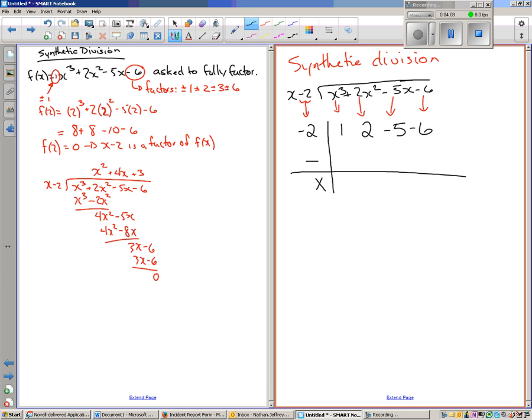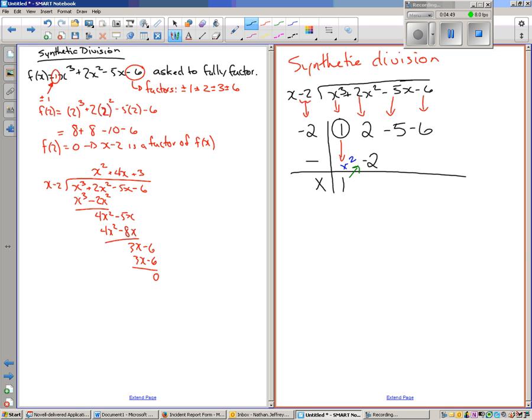Okay. So how to use synthetic division. First thing, this 1 drops straight down. Whatever the first number is, that drops straight down. From here, you take the 1 and multiply it by 2 to get 2.